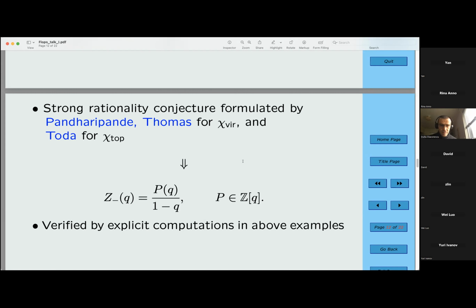But since this wall crossing story was involved, some time ago we introduced, with Maxim, the notion of wall crossing structures, and we divided them into different classes. For example, algebraic wall crossing structures: in the end they produce generating functions, or they are related to generating functions, which are algebraic in the end.